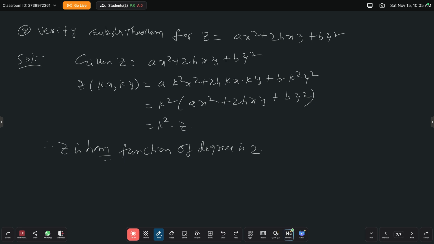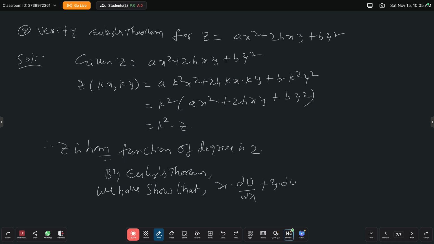Now by Euler's theorem, we have to show that x into dou u by dou x plus y into dou u by dou y is equal to n into u.